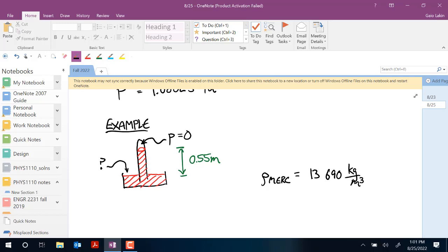A quick question. Was mercury just used because it's a fluid that has a low vapor pressure? I don't know that that's something special about it. I would guess that the reason it's used in this case is because it has a high density.